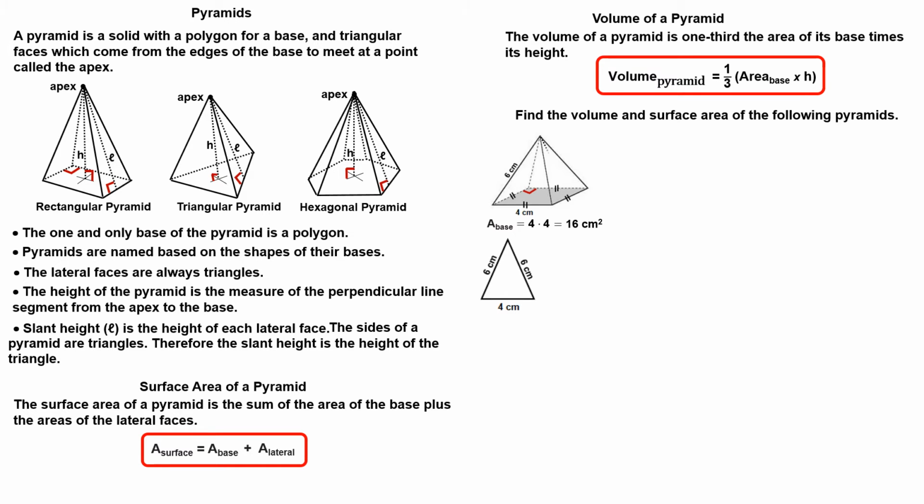To find the area of the triangle, we need the height of the triangle, and the height of this face is the slant height. We use the Pythagoras theorem to find the slant height.